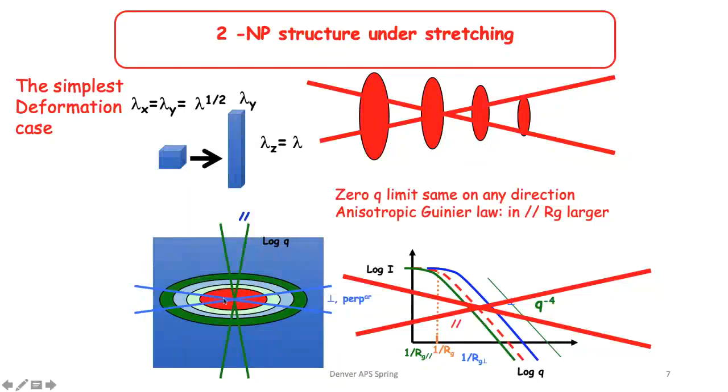And if you now look at the scattering along different directions, you would see scattering curves which are identical to the isotropic one, but shifted by a factor log of lambda, or log of lambda x in the x direction, log of lambda z in the z direction, etc. So this would be the most simple case.